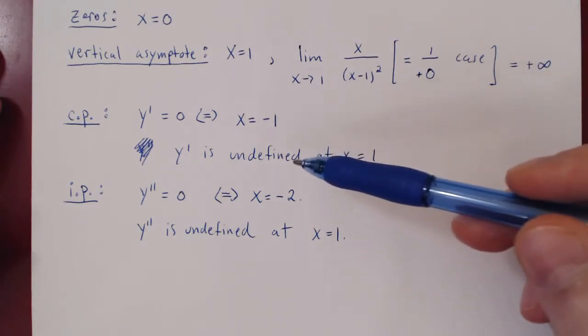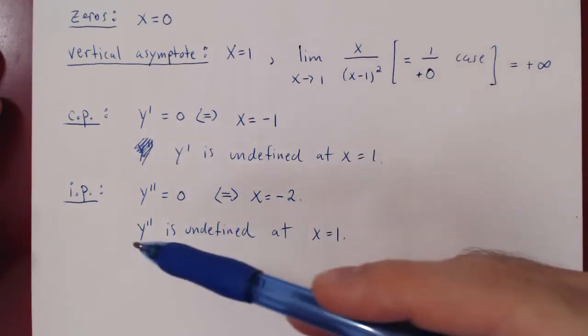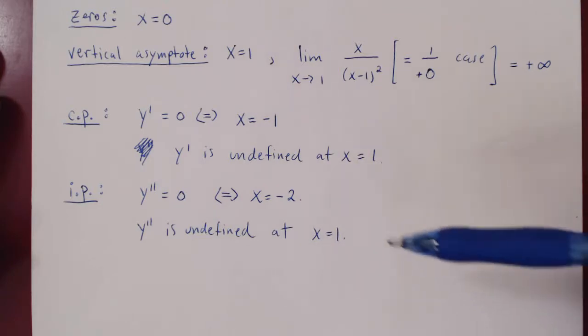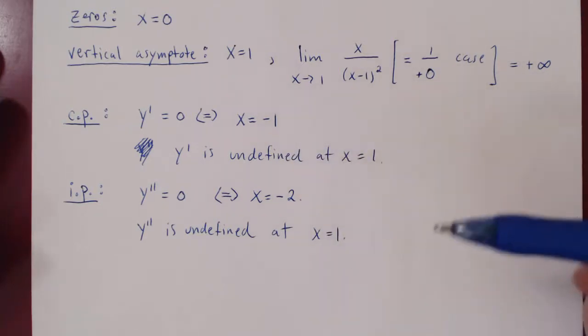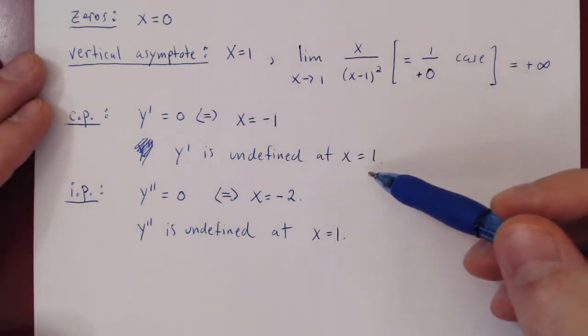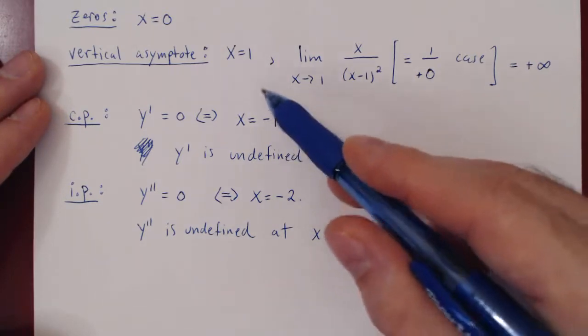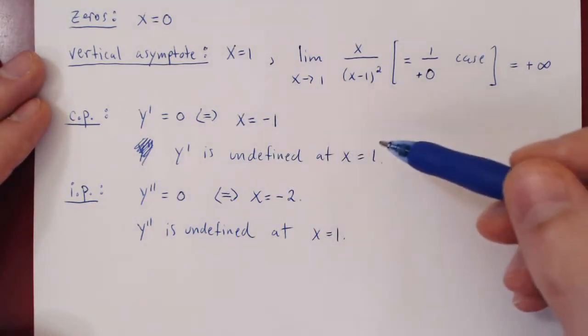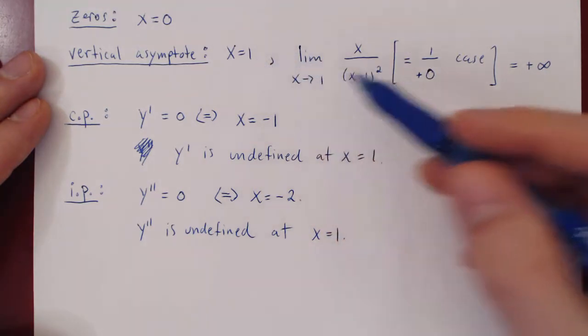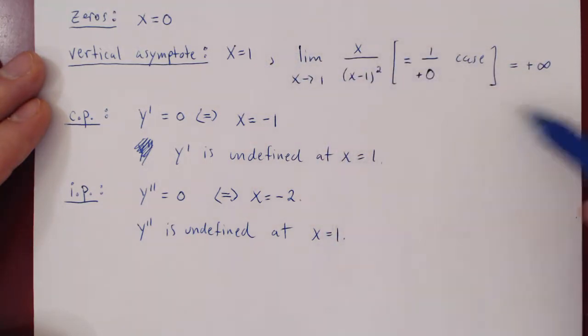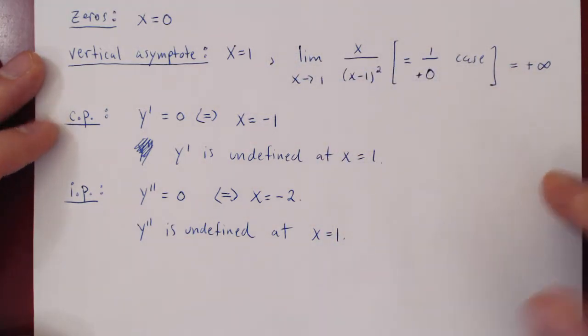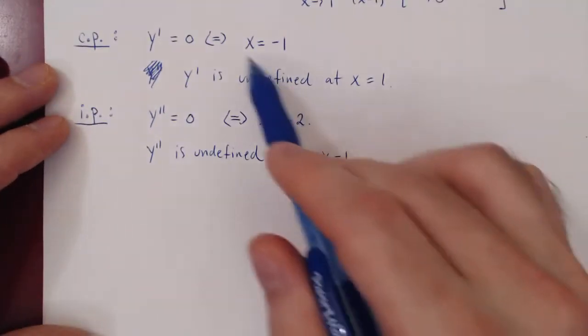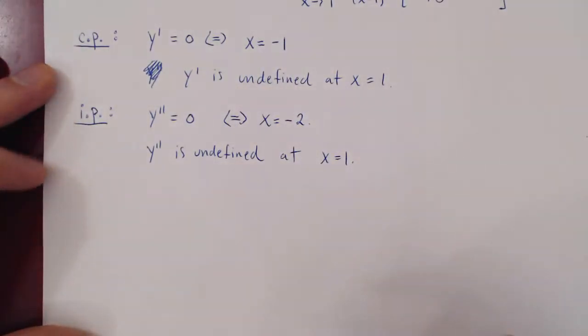So not only the first derivative blows up at x equals 1, but the second derivative blows up as well. So this is not, again, a coincidence. Well, the only critical point to classify is x equals negative 1, because we know that at x equals 1, we have a vertical asymptote. And we know exactly what's happening around x equals 1. So let's classify now x equals negative 1.